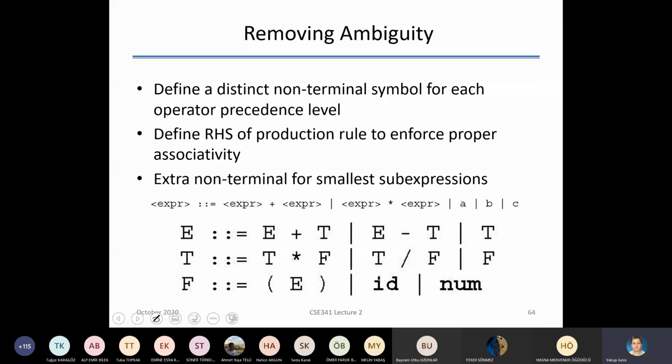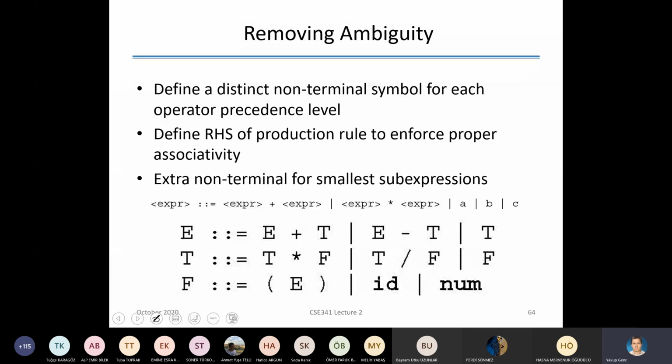Or in some cases, you can start with your ambiguous grammar and try to remove the ambiguity with some techniques. There is no generic algorithm that can remove any ambiguity, but some of the ambiguities can be removed.